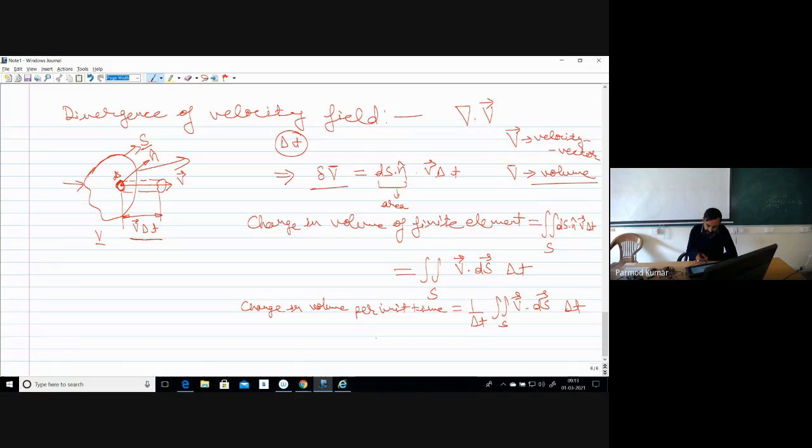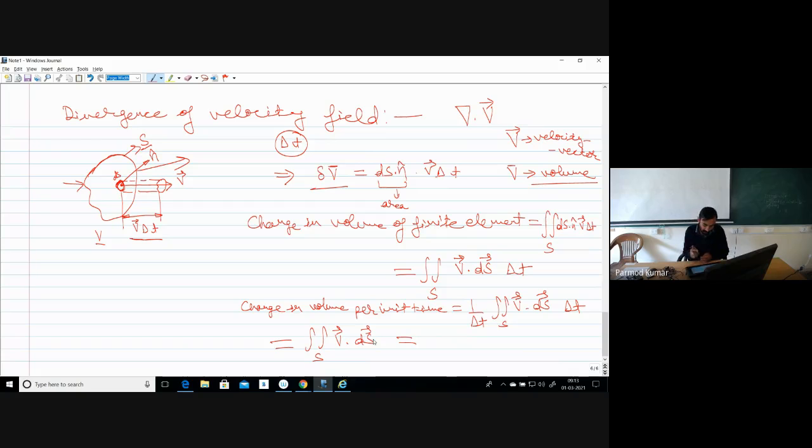So delta t cancels out, and I finally get the surface integral of V dot dS vector. Now, if I have to convert this surface integral into a volume integral, how can I convert? I can apply the Gauss divergence theorem.